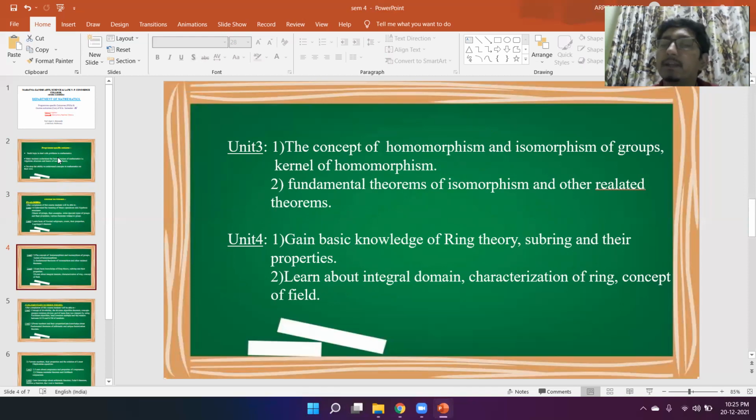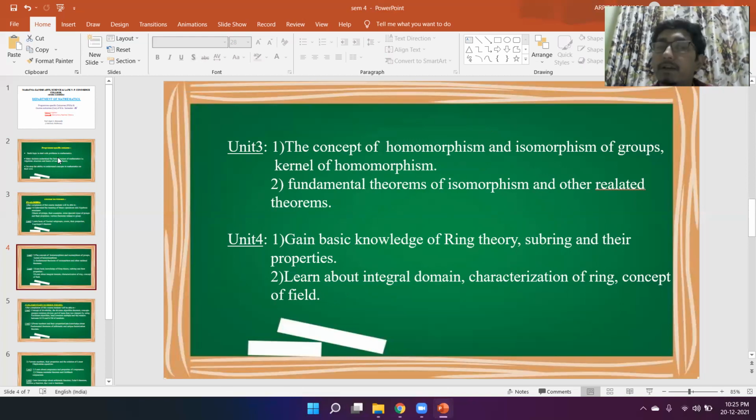what is a subring and its properties, and then we extend the topic of ring theory to the integral domain, then commutative ring, then characterization of rings, and finally the concept of field.